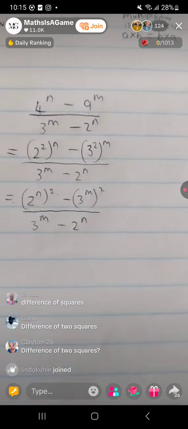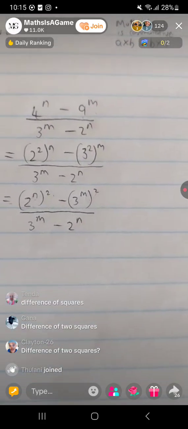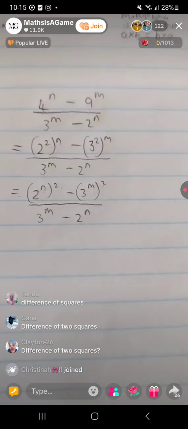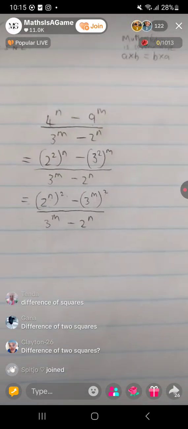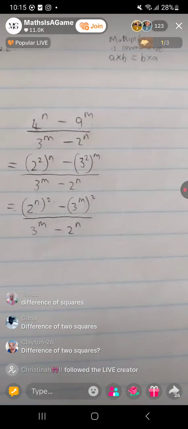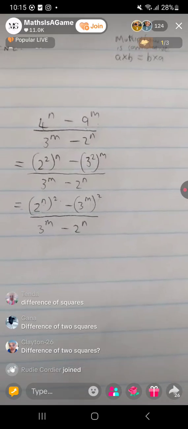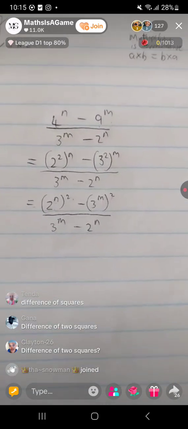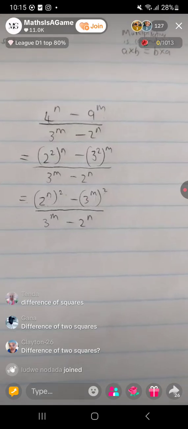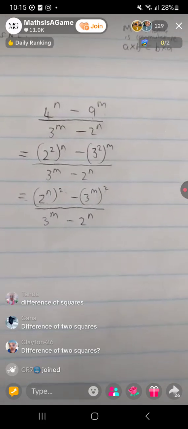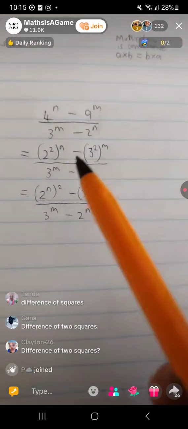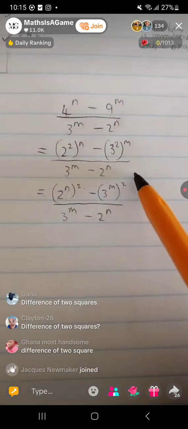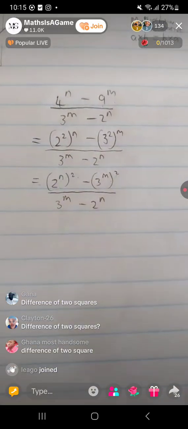Now, the grade 10 learners that I've been teaching have been doing factorization, where there are rules attached. Step number one, when you are factorizing, you need to first establish how many terms there are. So in the numerator, there are two terms that we know for sure.